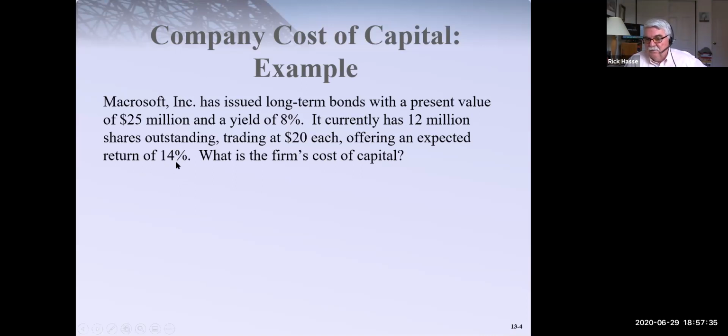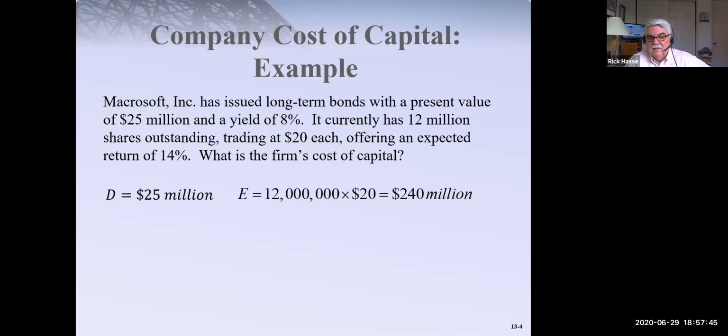To calculate that 14%, we would use the capital asset pricing model, but that's already given to you in this problem. So debt is 25 million. Equity is 240 million, that's their market cap, 12 million shares times $20. So the total value of the company market-wise is $265 million today. Tomorrow it'll be totally different, because stock prices change every day.